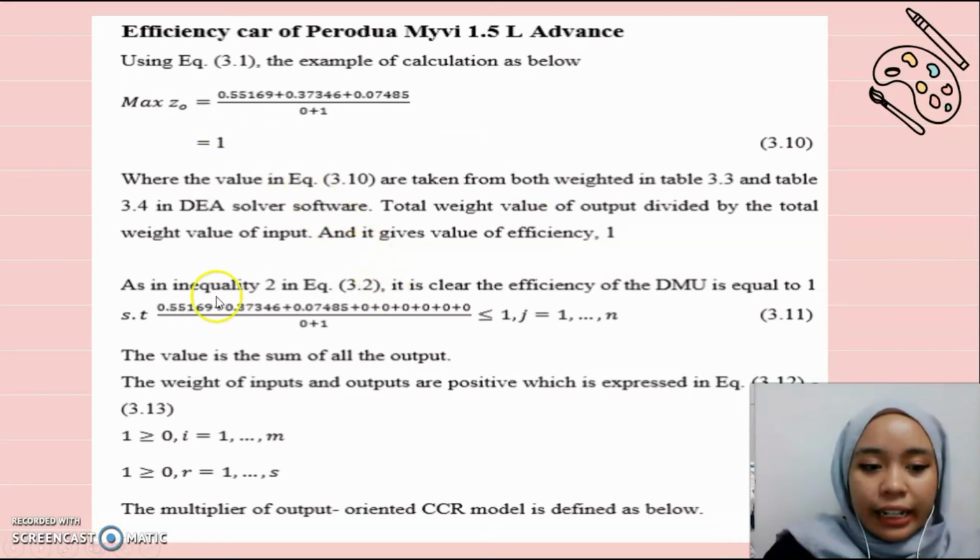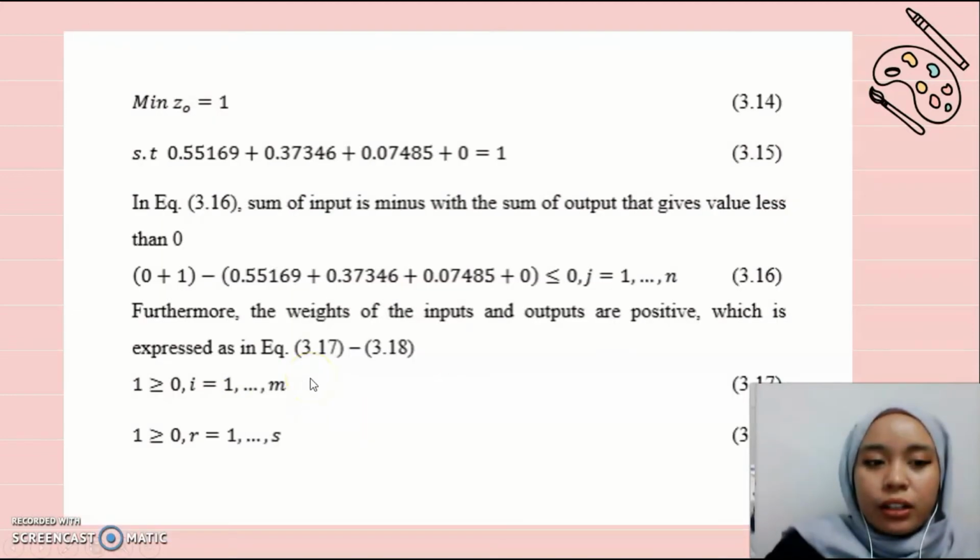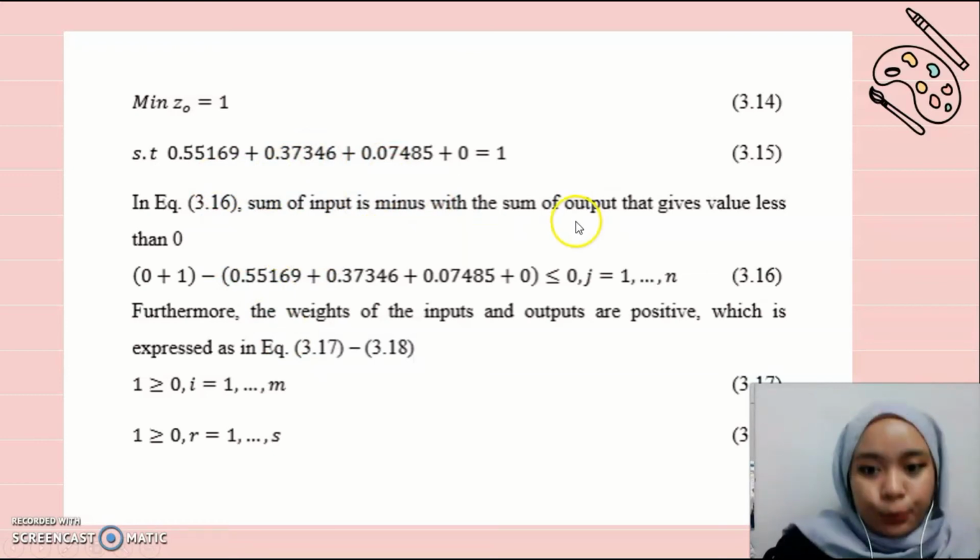So let's recheck again. We're adding up all the total output divided by the total input. So it gives values less than or equal to 1, meaning that it is efficient. To ensure more whether it is really efficient or not, we take the sum of the input minus the sum of output, and if it is less than or equal to 0, meaning that it is efficient.